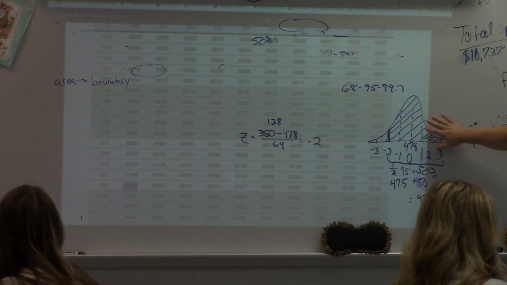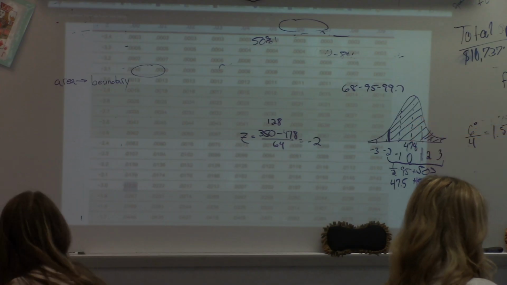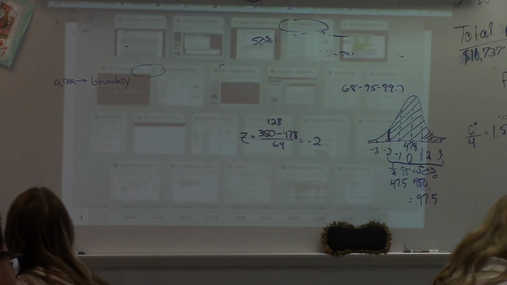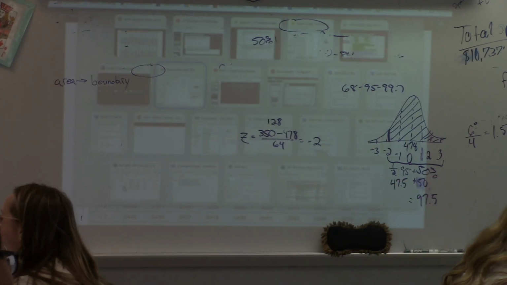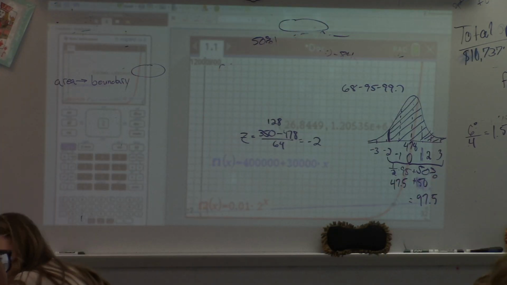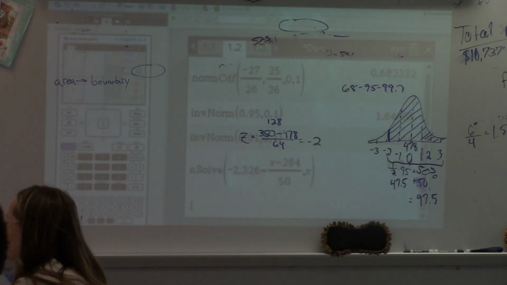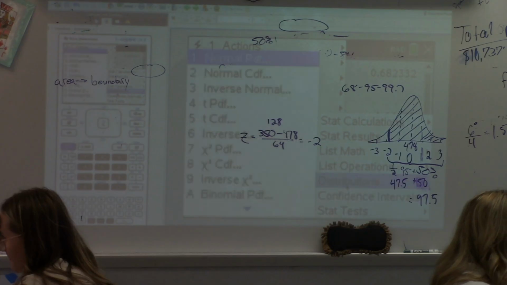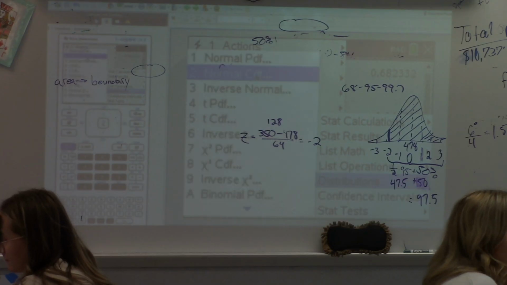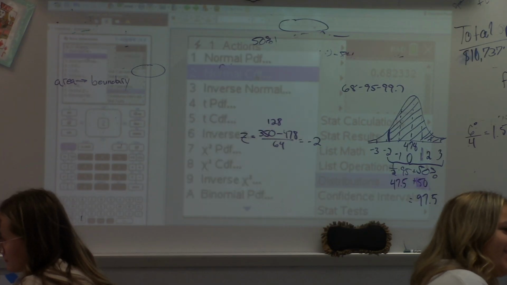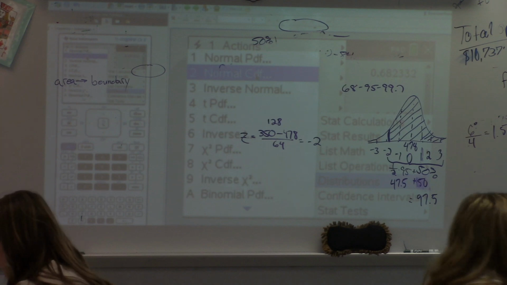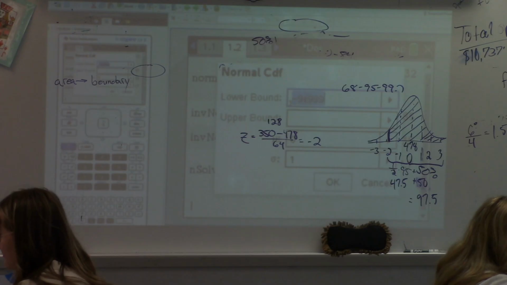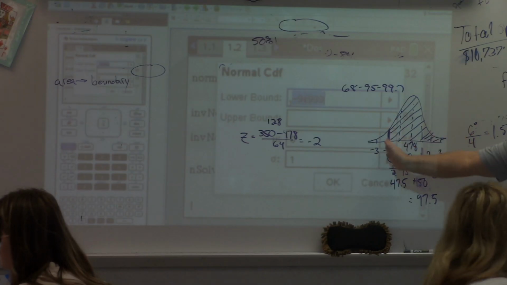But draw it out. If you try to do this visually in your head without drawing that normal distribution, your life is going to be hard, and I don't want your life to be hard. So look, we just go menu, statistics, distributions. You do have to remember I have a boundary, so I do normal CDF. My lower bound: where did I stop shading on the left side?